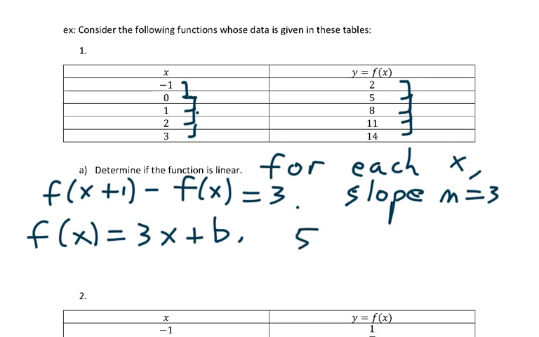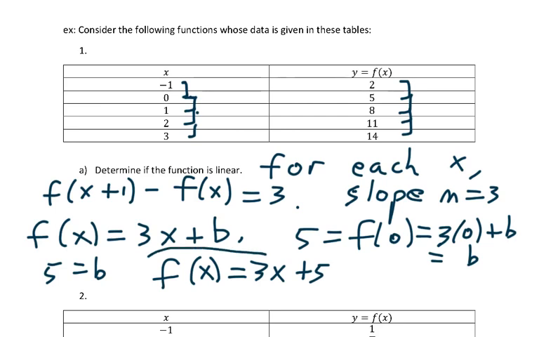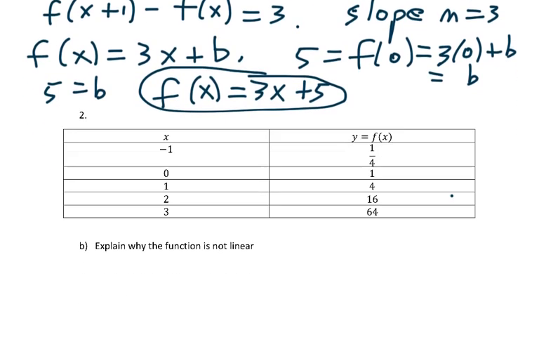So we know that 5 is f of 0, which is 3 times 0 plus b, and that's b. So 5 is equal to b, and we get f of x is equal to 3x plus 5. So not only is the function linear, we have an equation for it.